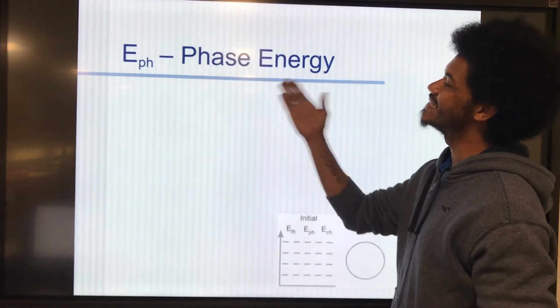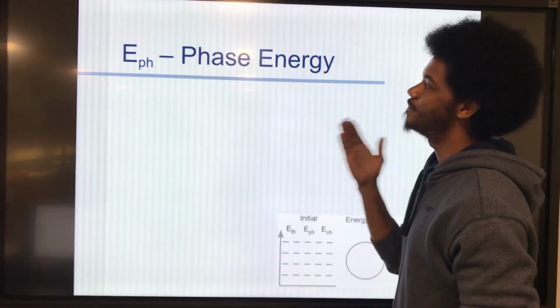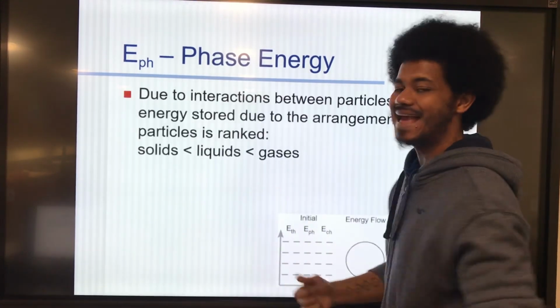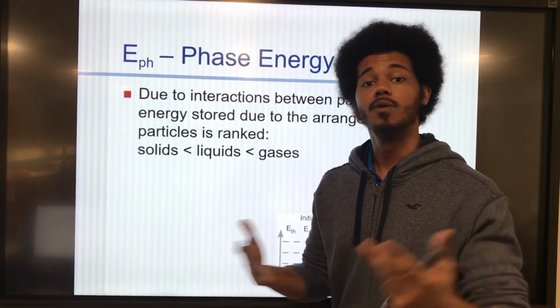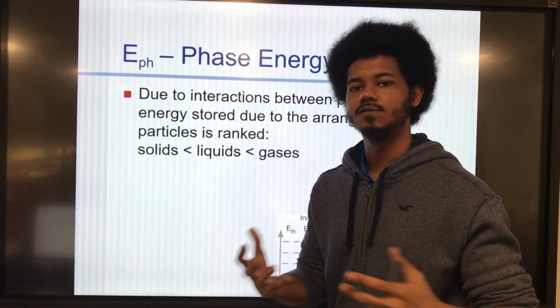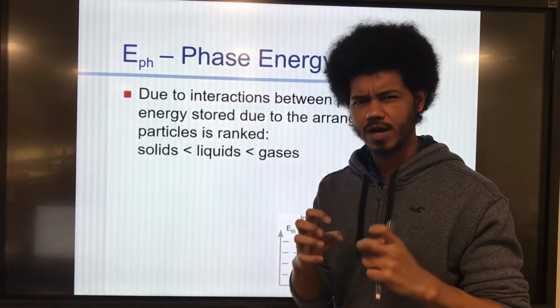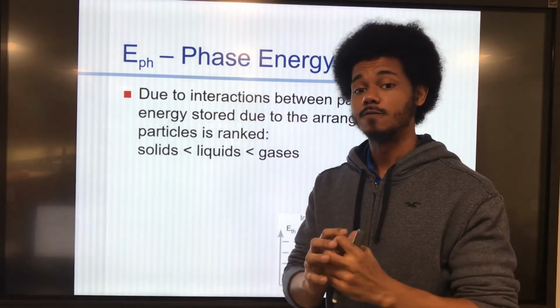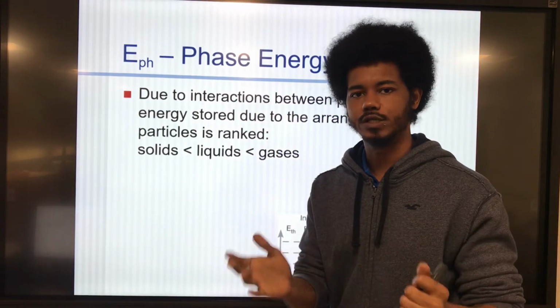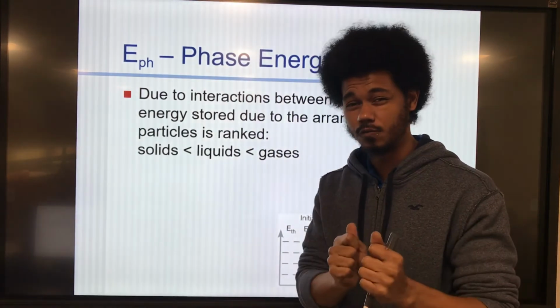The phase energy. This is the energy related to your state of matter. Remember, the different states of matter have different attractive forces within them. Solids are very strongly attracted, so there's not a lot of movement.